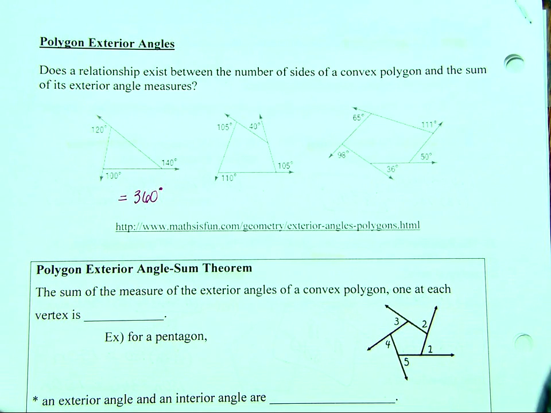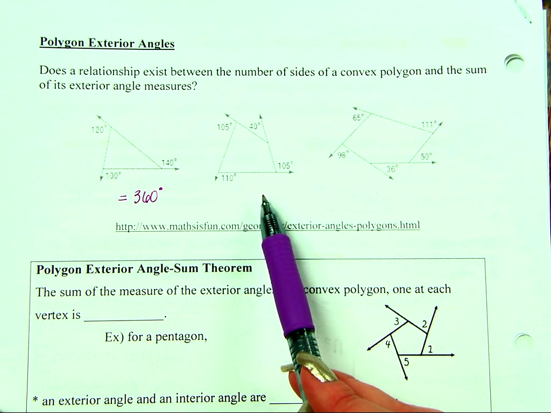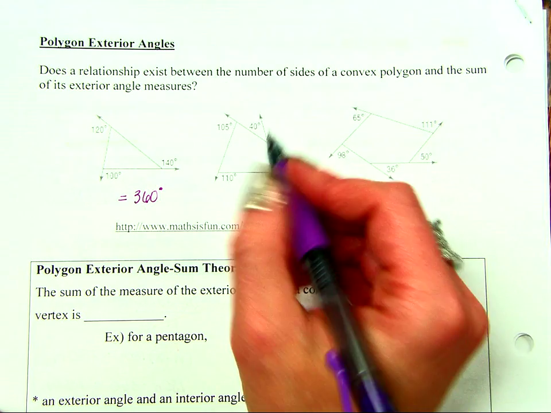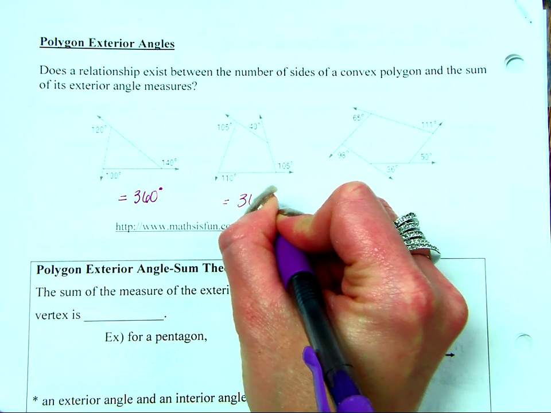Go ahead and add the exterior angles of our quadrilateral. What did you find? Your numbers, add them up, you should have found you get 360 degrees.